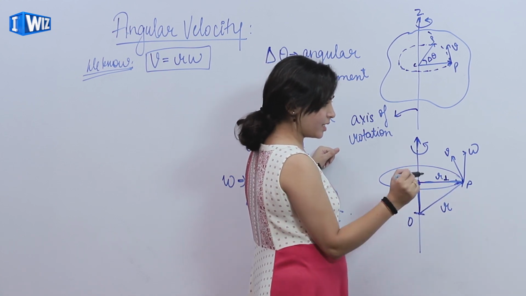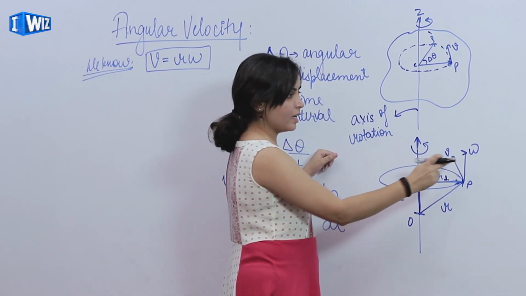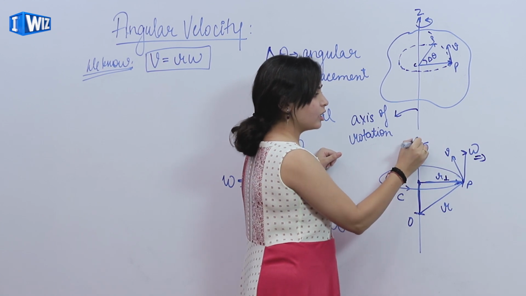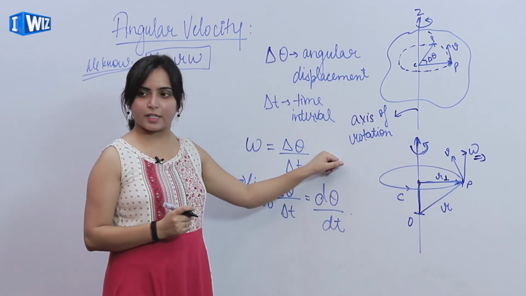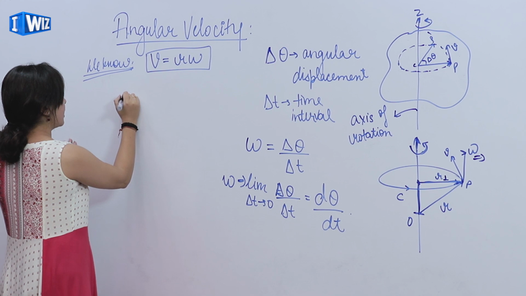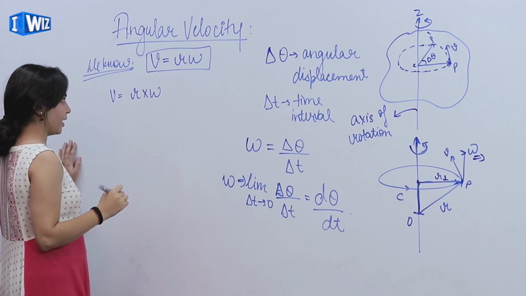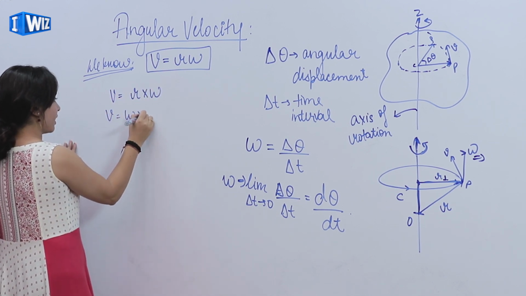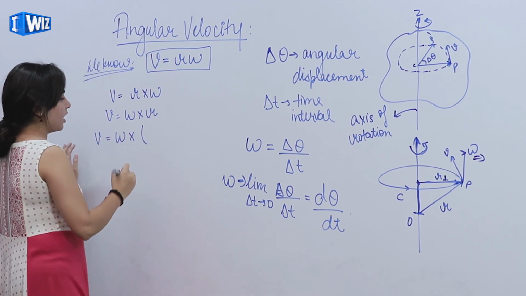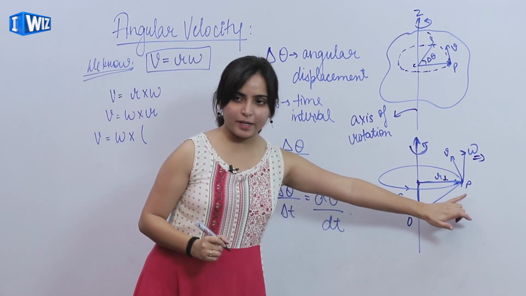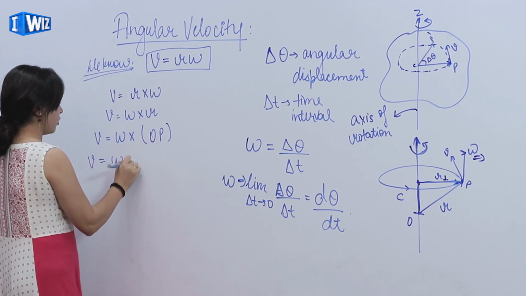Origin और particle के बीच का distance r, and in this direction my angular velocity is taking place. अब इसकी डायरेक्शन कैसे जज होगी, जो मेरा एक्सिस ऑफ रोटेशन है उसकी डायरेक्शन पे डिपेंड करती है मेरी एंगुलर वेलोसिटी की डायरेक्शन. So we'll take cross product, v is equal to omega cross r. Now what is r, OP, so we'll substitute OP.